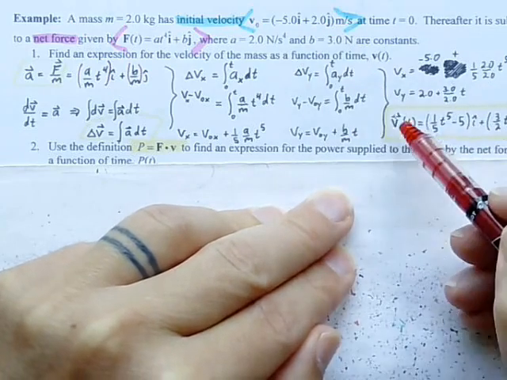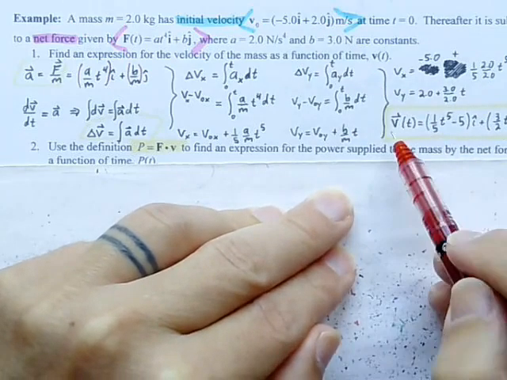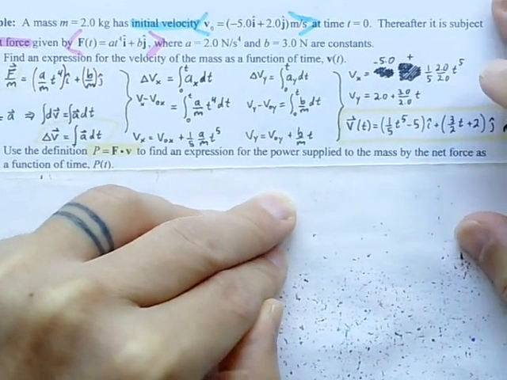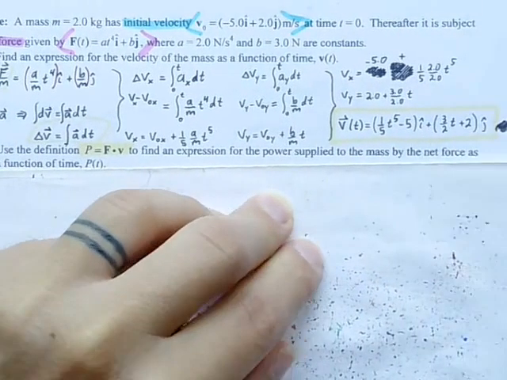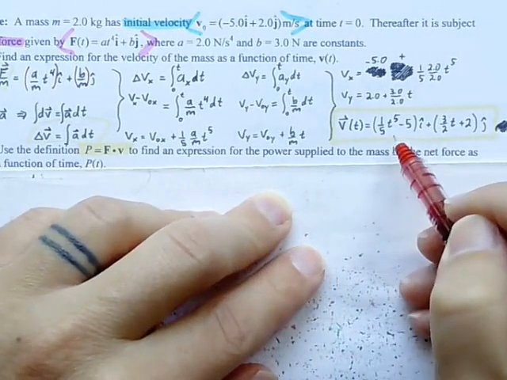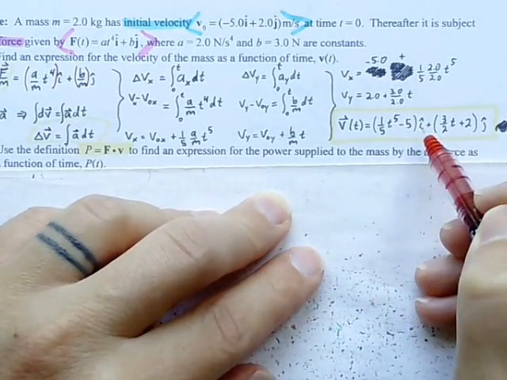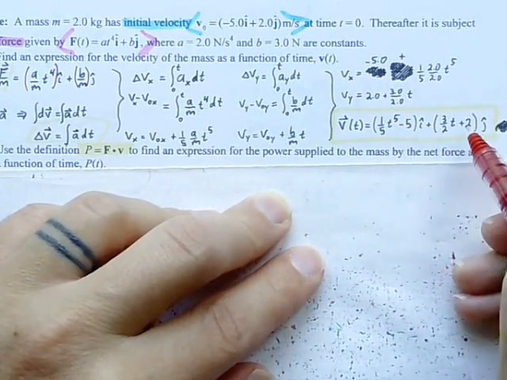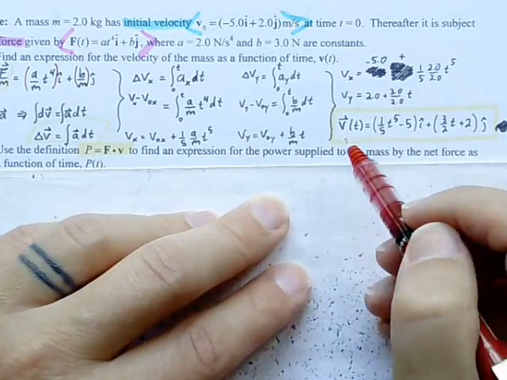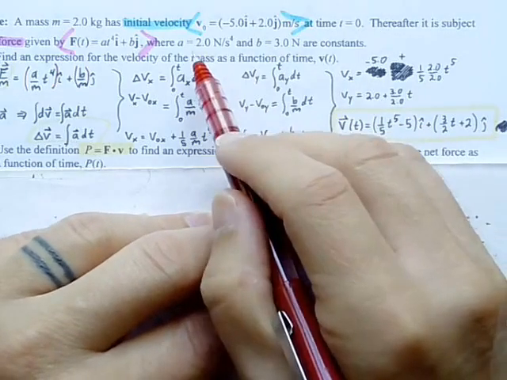So written in vector form, we have our vector velocity v as a function of time. This is in terms of the unit vectors, i hat, j hat, is (1/5 t to the 5th minus 5) i hat plus (3/2 t plus 2) j hat. We plugged in the numerical values for a and b.